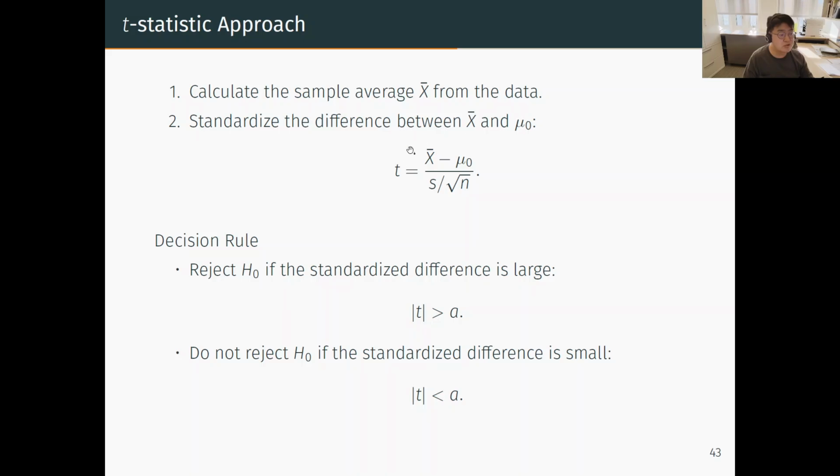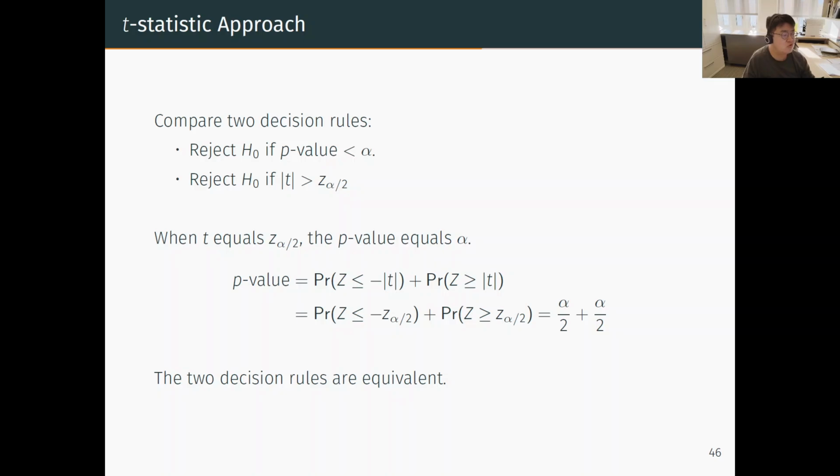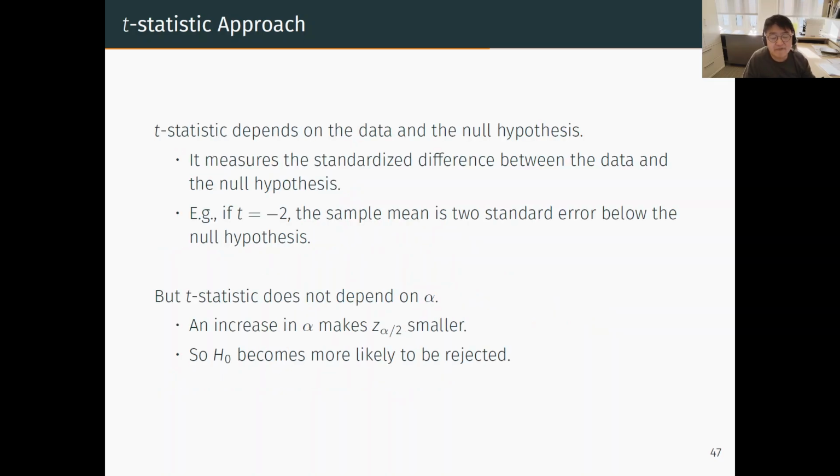So you need your data, but it does not depend on alpha, how strict you are or how much you are willing to reject. Alpha does not affect the t-statistic. This is similar to the p-value approach.